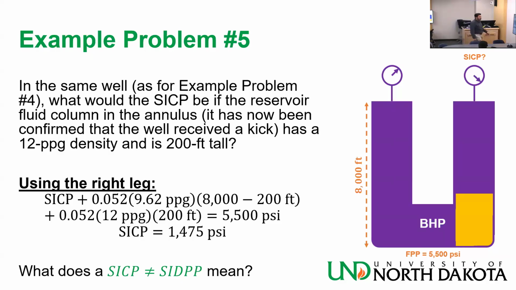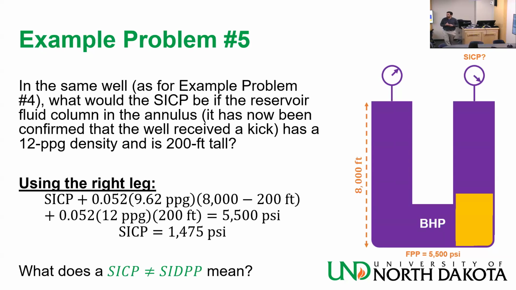So 8,000 minus 200 for the purple, right? You subtract that. Plus 0.052 times 12, which is the yellow, times 200. Okay, and I calculate something that is 1475, right? Does it make sense?